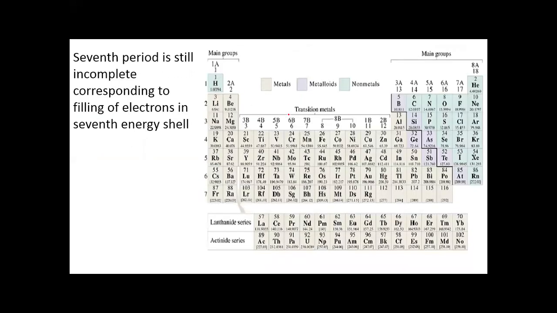Now the seventh period is still incomplete. This is a very old table. In the new table, elements are discovered up to 118. These are all artificial elements. So the seventh period is still incomplete, corresponding to the filling of electrons in the seventh energy shell.